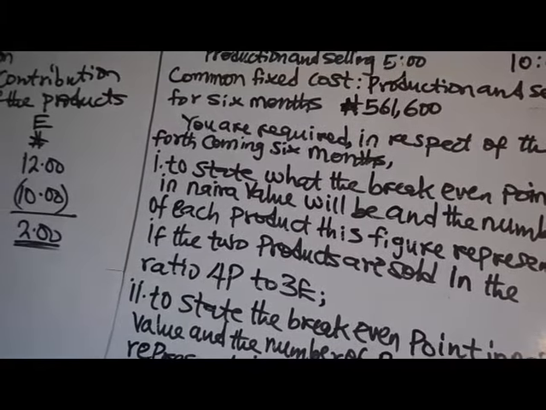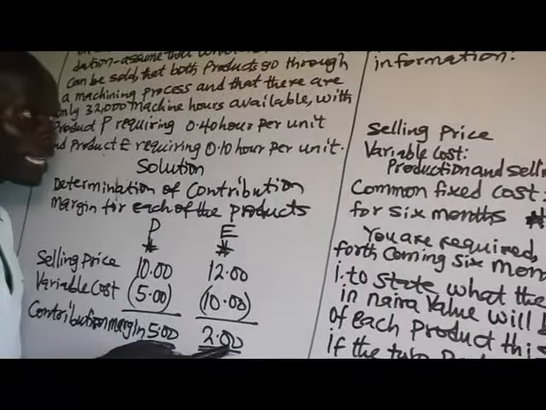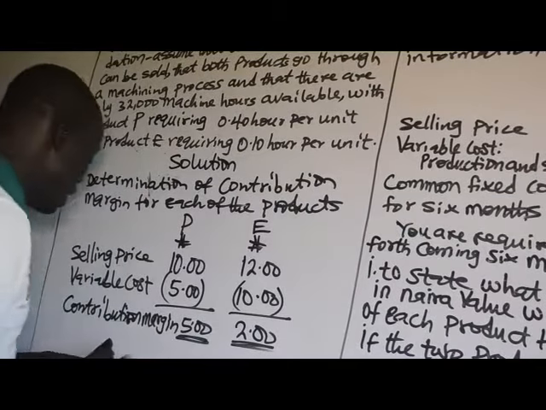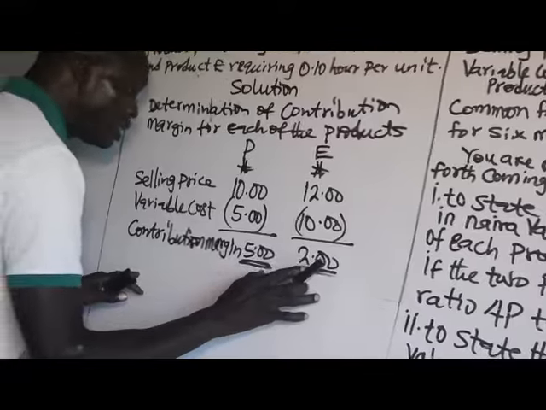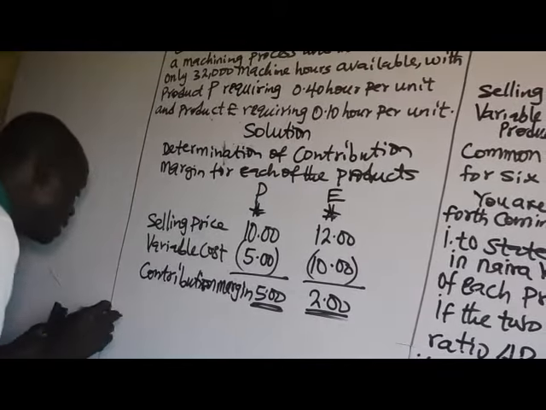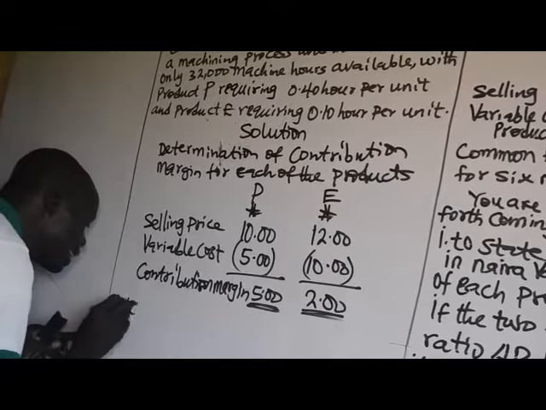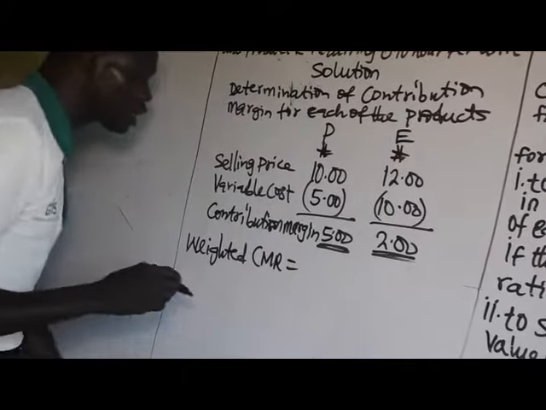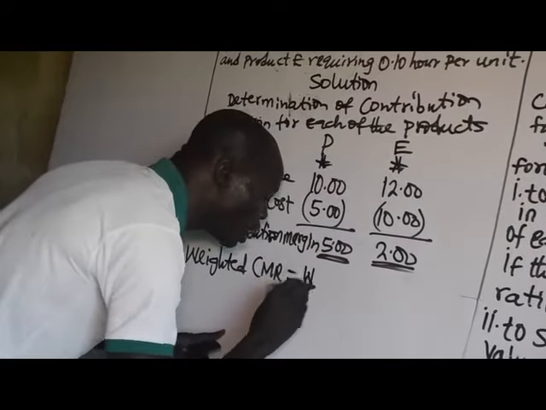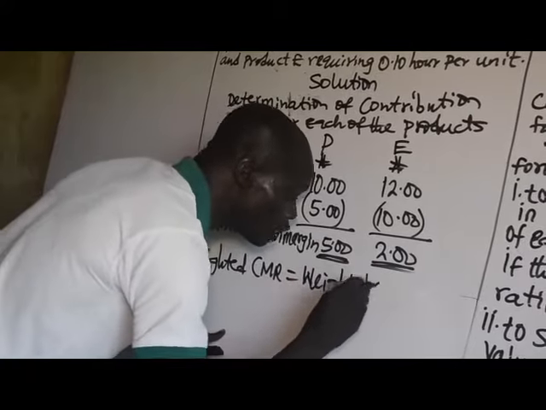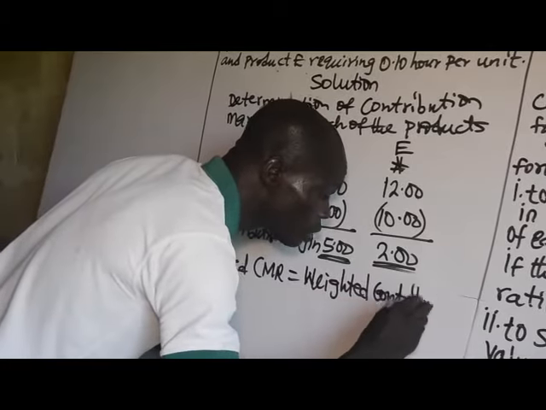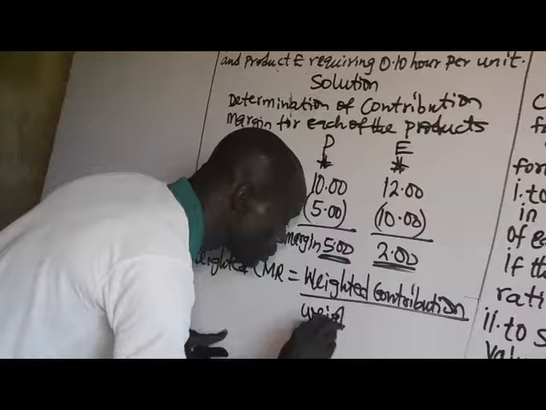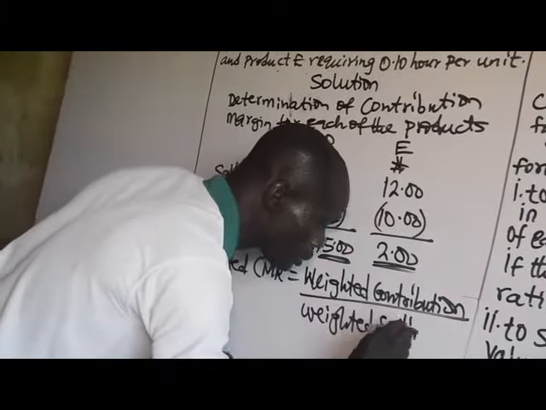I've told you that to determine the break-even point for a multi-product company, the next thing after the determination of contribution is to determine the weighted contribution margin ratio. I've told you that weighted contribution margin ratio is weighted contribution margin over weighted selling price.